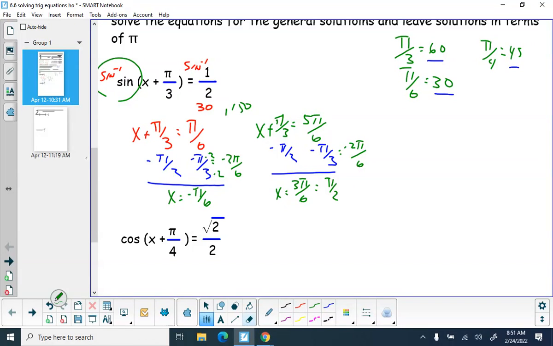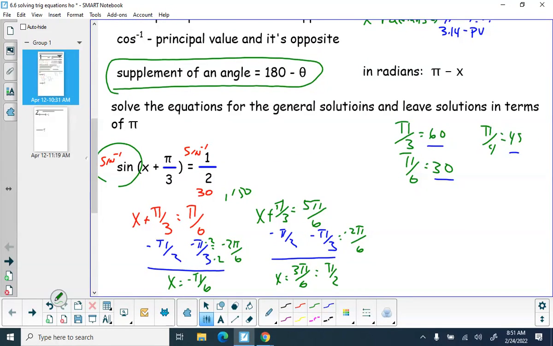Okay, we want to get general solutions. If you remember back to trig class, to get those general solutions, we add or subtract our period n.